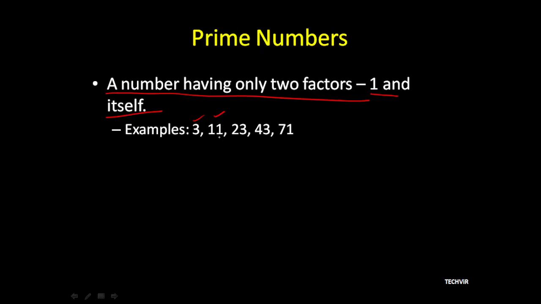These are the numbers which can be divided by 1 and the numbers themselves only. 2 is also a prime number, 7 is also a prime number. 2 is having the factors 1 and 2 only, 7 is having the factors 1 and 7 only. So prime numbers are the numbers which are having factors 1 and the number itself.